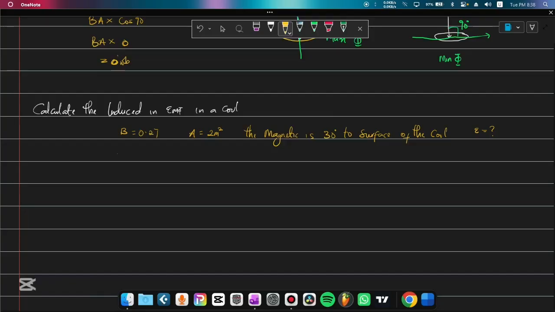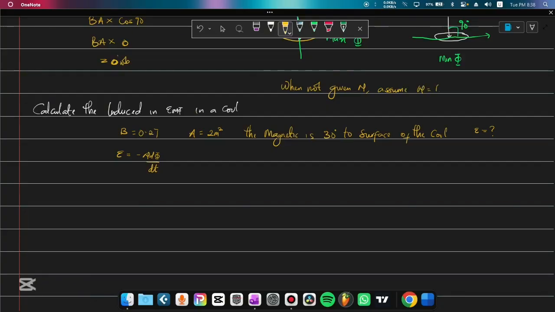We know that E is equal to negative N d phi d t. Phi means magnetic flux. If they didn't give you the number of turns of the coil, always note that if N is not given, assume N to be 1.